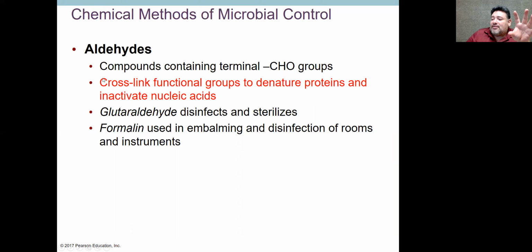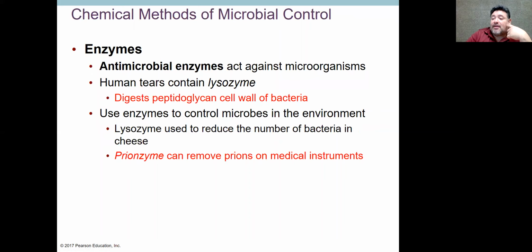And what you need to know, again, is the mode of action. And what it does is it denatures proteins and it inactivates nucleic acids, okay? So once again, this inhibits the expression of proteins because if the nucleic acids are broken up, that cell is not going to be able to produce any protein, okay?